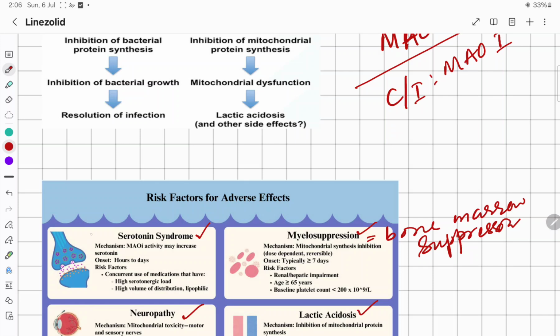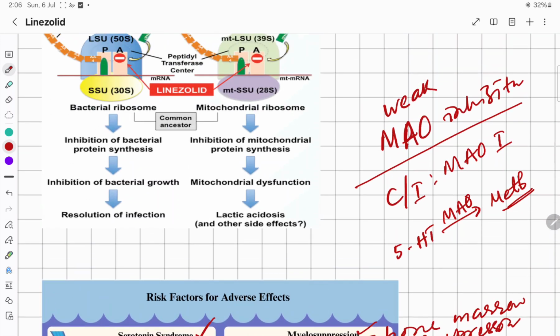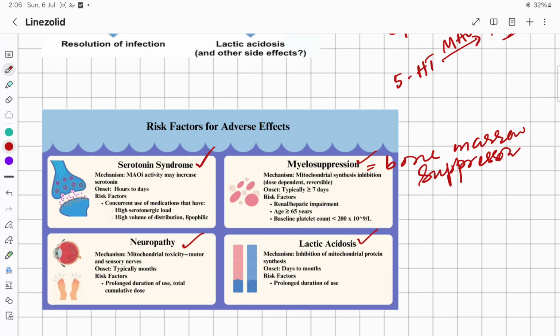Serotonin or 5-HT, 5-hydroxytryptamine, is metabolized by MAO, and since it has MAO inhibition properties, the 5-HT level increases, producing serotonin syndrome. So these are the common toxicity or adverse effects associated with linezolid.